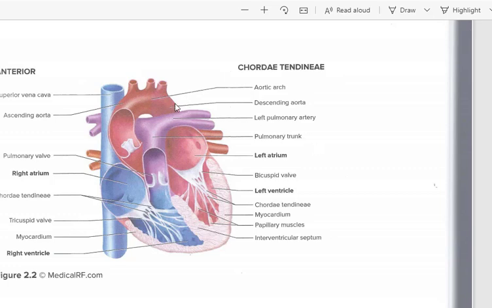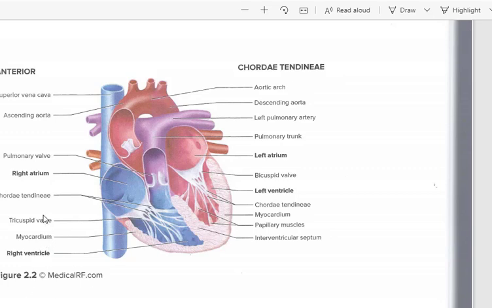So some of them are going up to the brain and some of them are going up and then curving back down. But the majority of the blood is going to continue on past the aortic arch and on down. And it actually runs behind the heart, kind of in front of the vertebral column where your vertebrae are. So that's kind of interesting. So you have some protection back there.